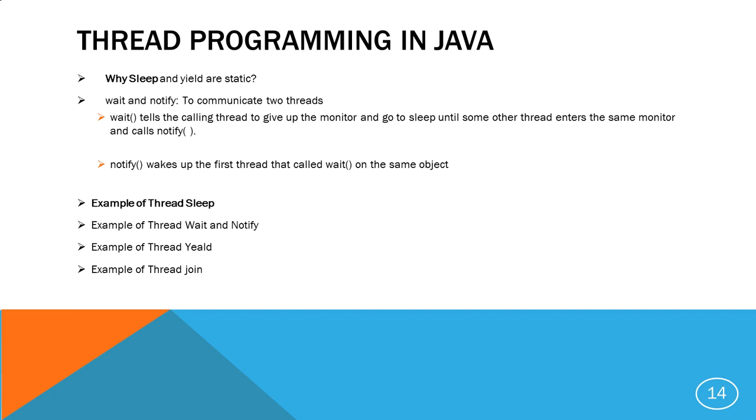If one thread is notifying, it means the other thread is waiting, and if one thread is waiting, it means it has already notified and then waited. We will go through examples of thread sleep, wait and notify, yield, and join. Let's go to Eclipse and understand these concepts.